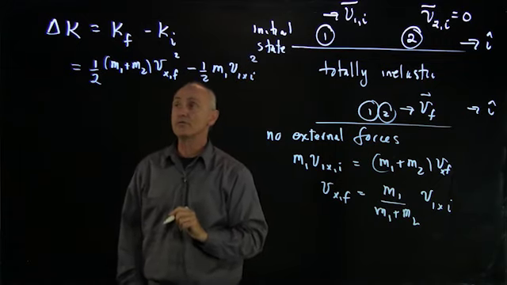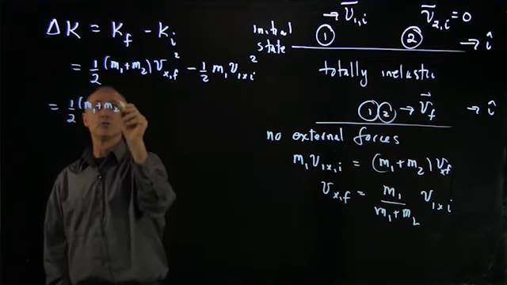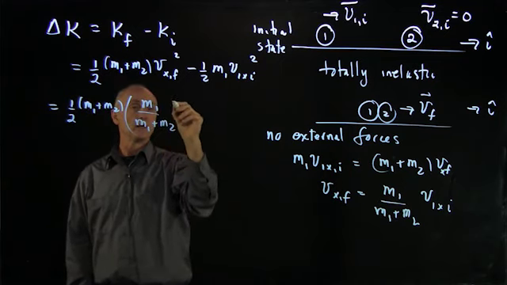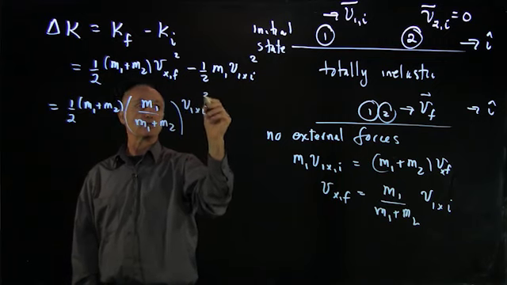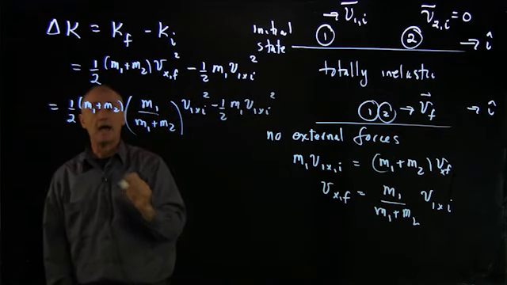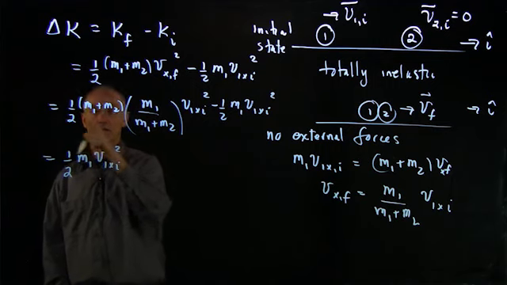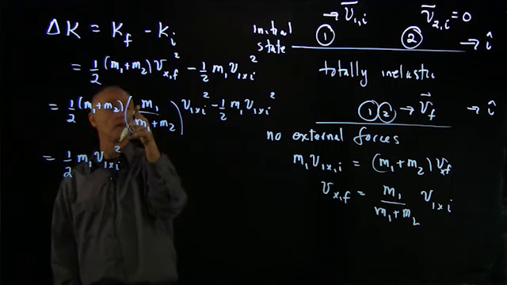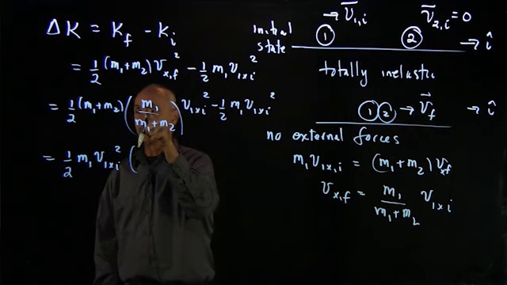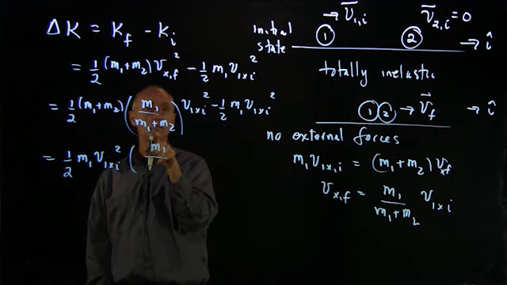Now we have a solution for our problem, so let's just put that in. m1 plus m2 times m1 over m1 plus m2 times v1x initial squared, minus 1/2 m1 v1x initial squared. And now let's pull out the 1/2 m1 v1x initial squared. But what we're left with here is another factor of m1. And downstairs, we have an m1 plus m2 outside, but an m1 plus m2.